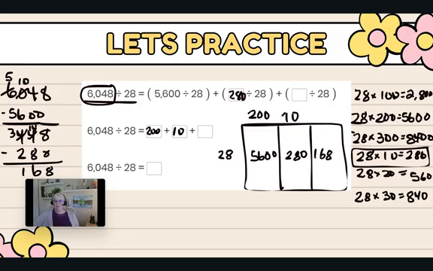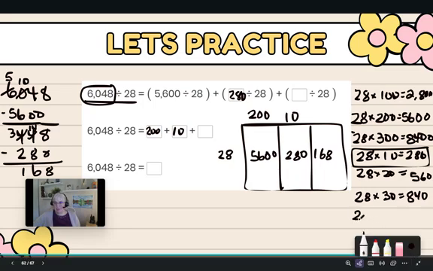Well, we've multiplied by the power of tens and the power of 100s. Now we're just going to multiply by 28. So 28 times 1 is 28. 28 times 2 is 56. 28 times 3 is 84.